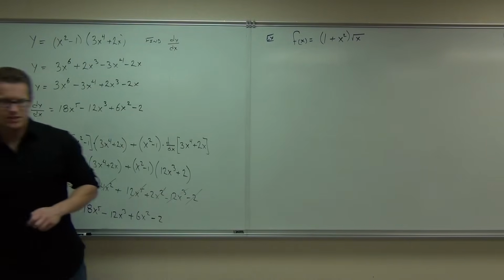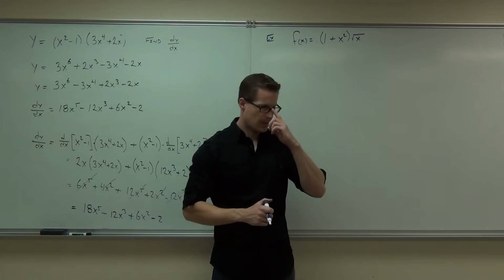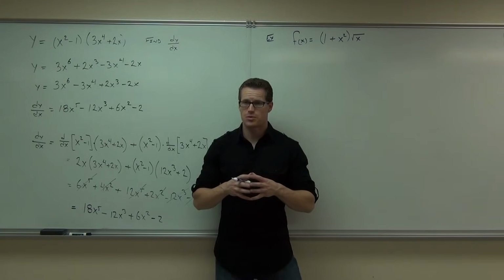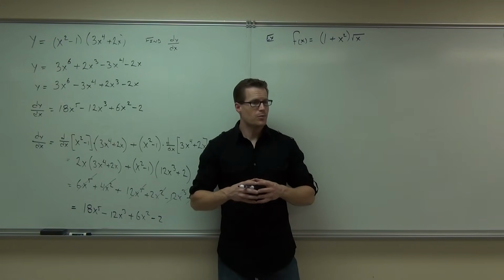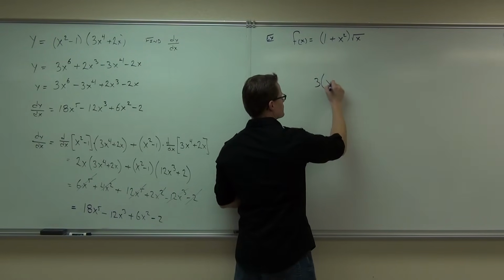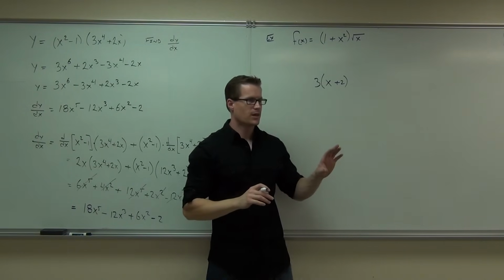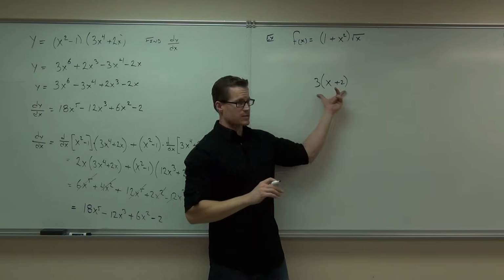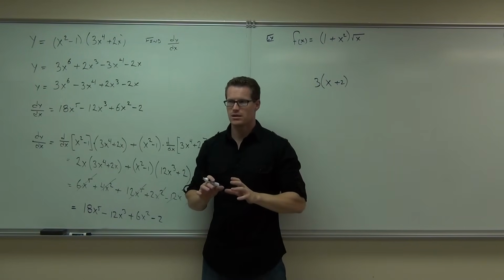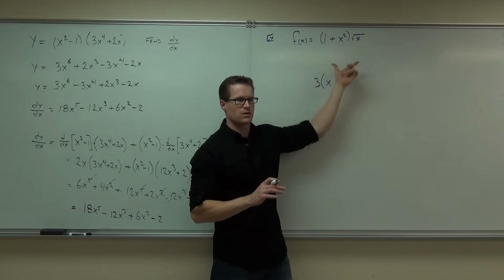Well, let's do that. 1 plus x squared, and then x squared. Firstly, you need to be able to see that this is in fact a product. Do you see it's a product? What we mean by a product is not just like this, okay? This wouldn't be considered a product rule. Explain the difference between something like this and something like this. When I say product rule, I don't mean what's different between here and here.